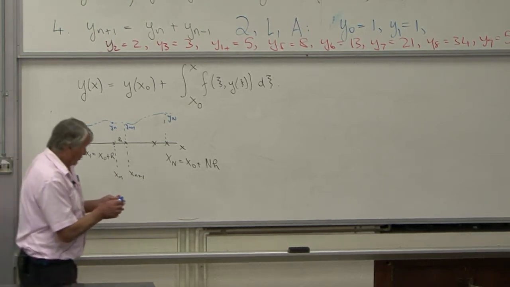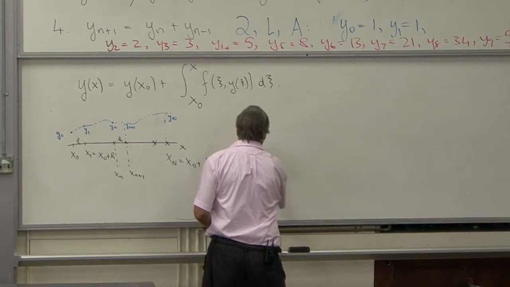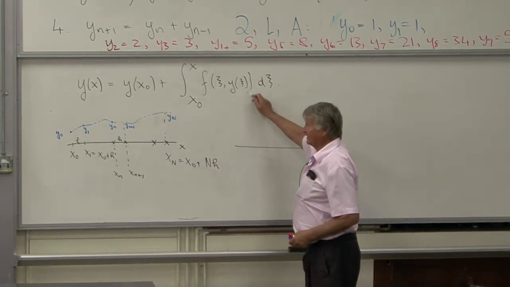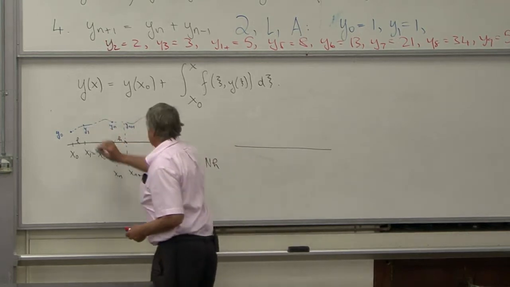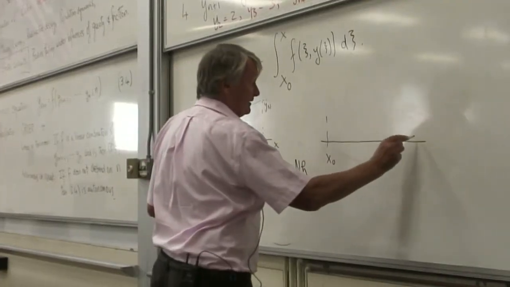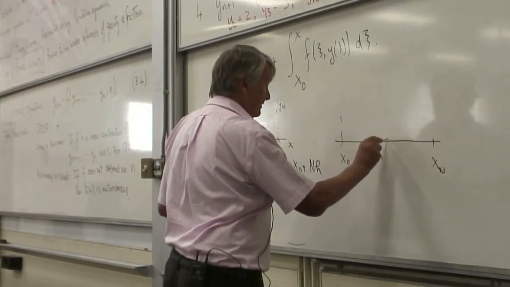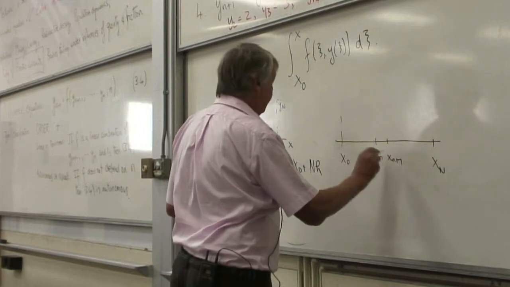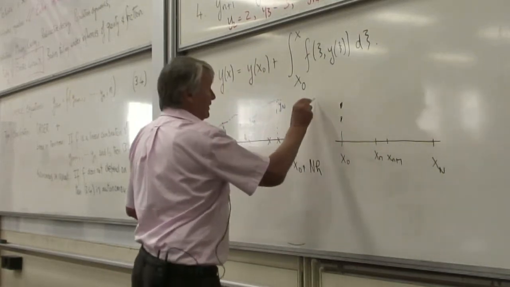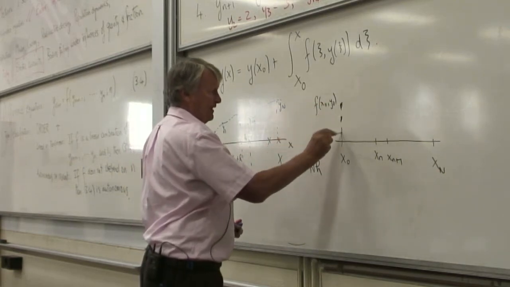Now I'm going to draw a graph of what f would look like. Okay, if I know y of x, here it is, then the f, say, would look something like this. This is xn. This is x little n plus 1. This would be f at x0, y0, that height here.